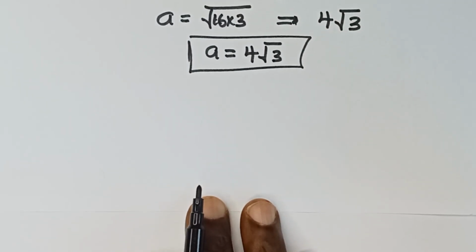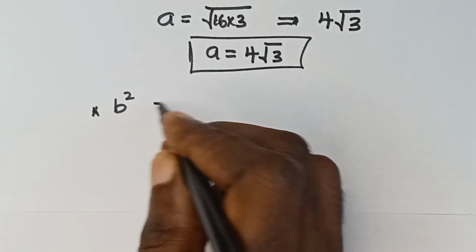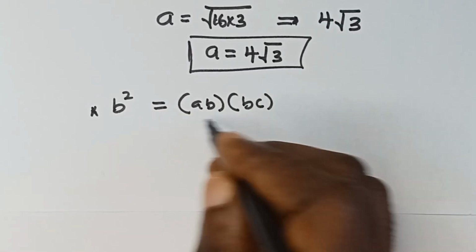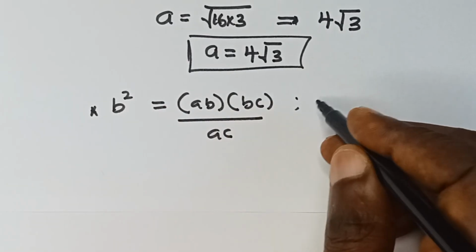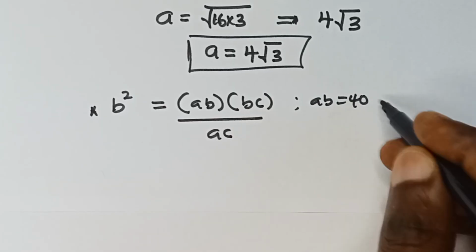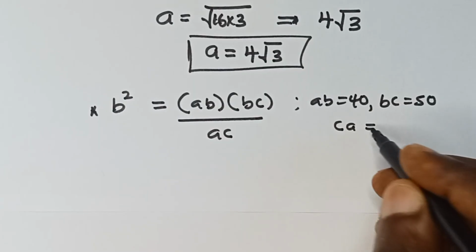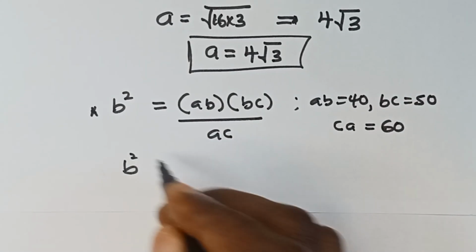Now let's find B using B square equals AB multiplied by BC over AC. Remember, our AB equals 40, our BC equals 50, and our CA, same thing as AC, equals 60. So what is our B square now?